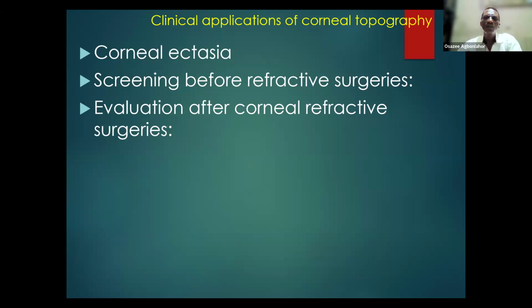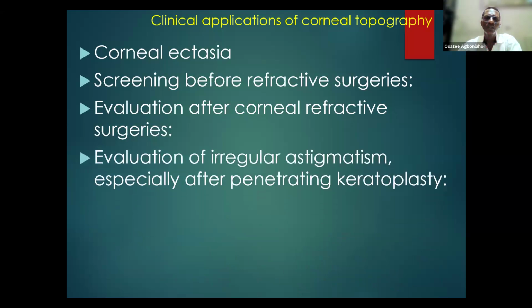Also, after corneal refractive surgery, to evaluate the success of the procedure, corneal topography is very important. There's also the evaluation of irregular astigmatism, especially after penetrating keratoplasty, and in reducing the thickness of the cornea as it relates to correcting refractive errors surgically.